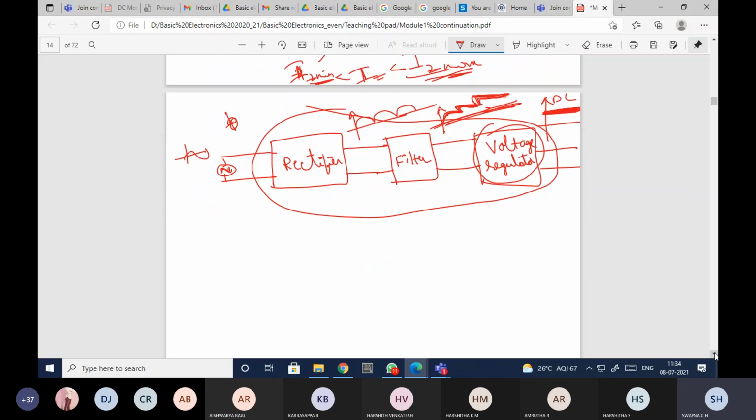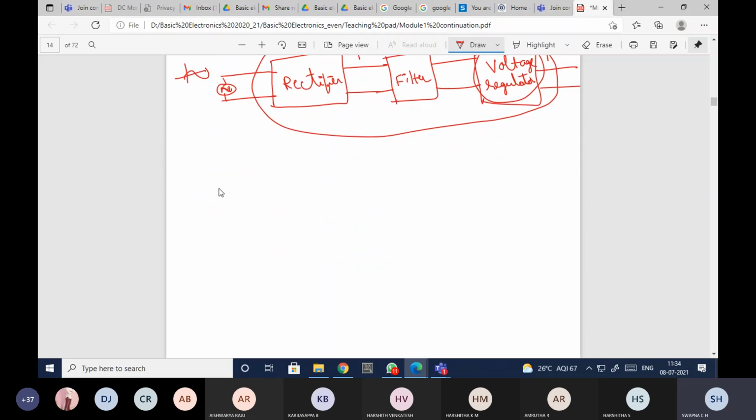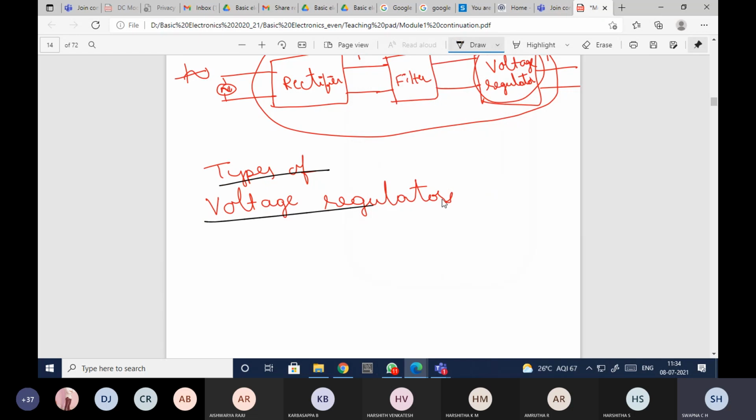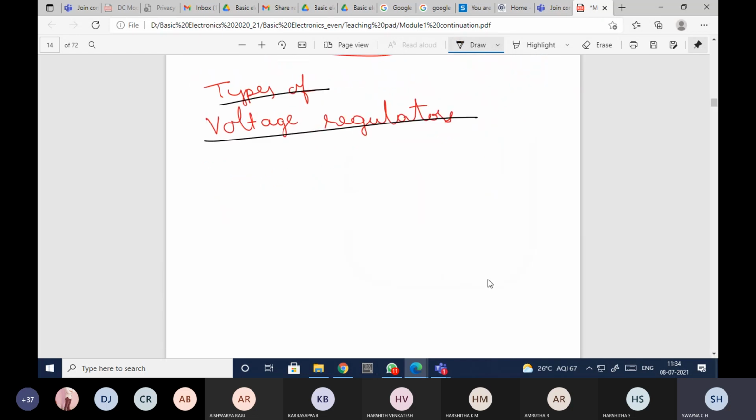So let me just give you the different voltage regulators. We have different types of voltage regulators. The first one is fixed voltage regulators.